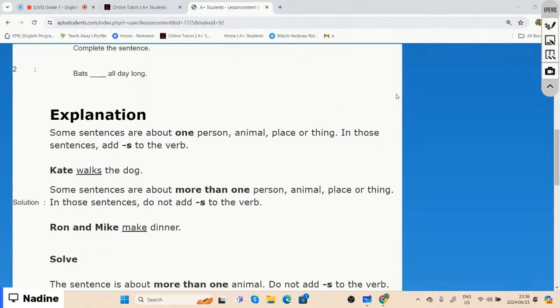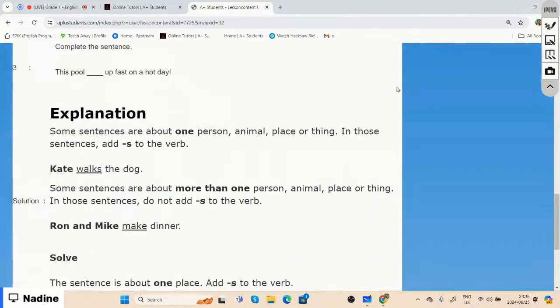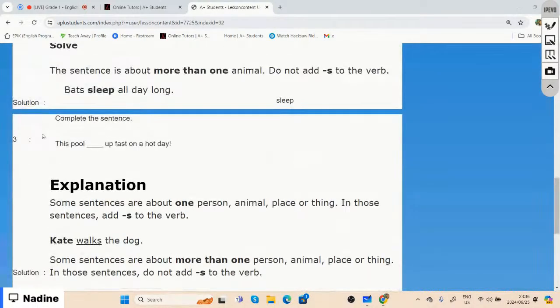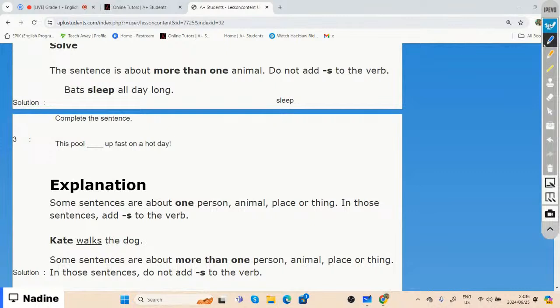All right, let's do the last one and then we are going to our test. The pool, one pool. So the pool, do we say the pool fill up fast on a hot day, or do we say the pool fills up fast on a hot day?